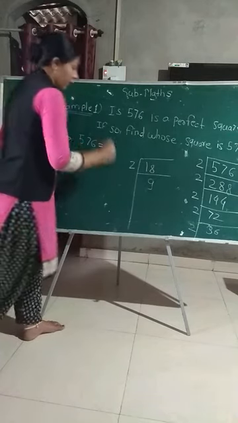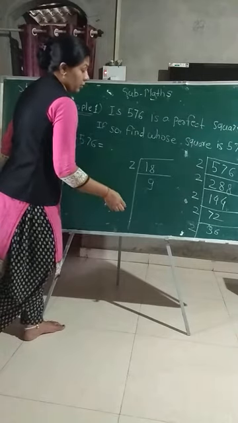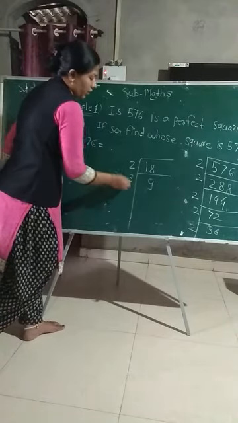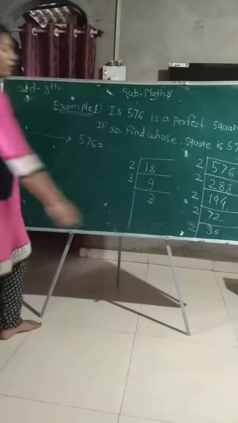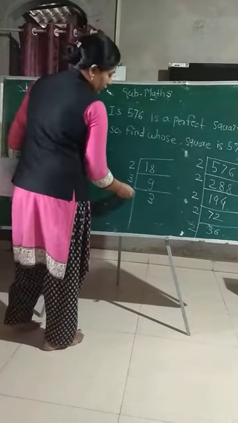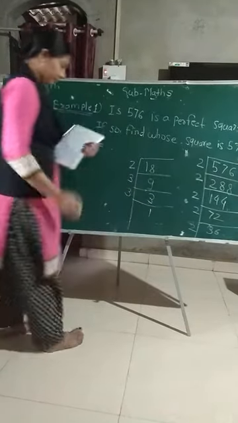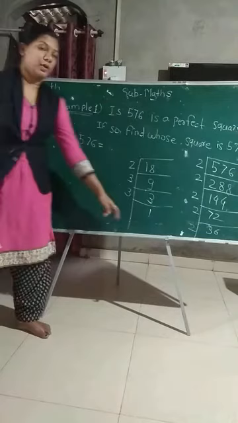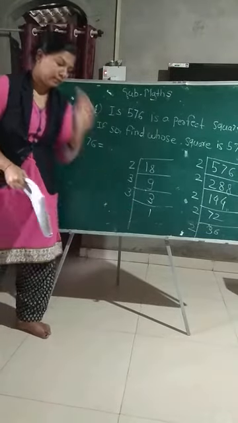Dividing 9 by 3 we get 3, and again dividing 3 by 3 we get 1. So we stop here because the remainder is 1.